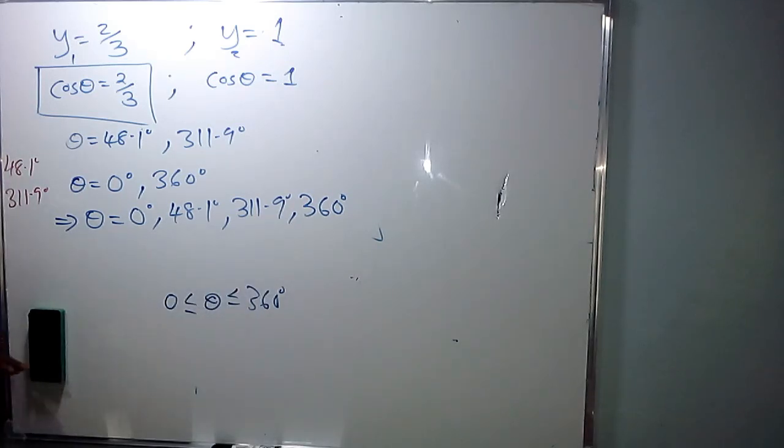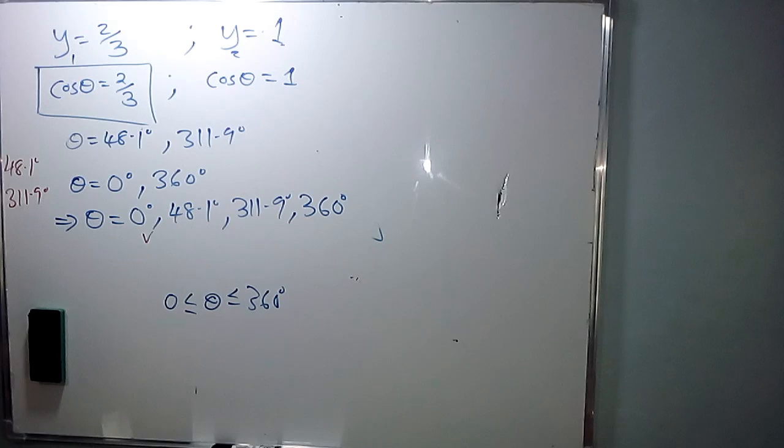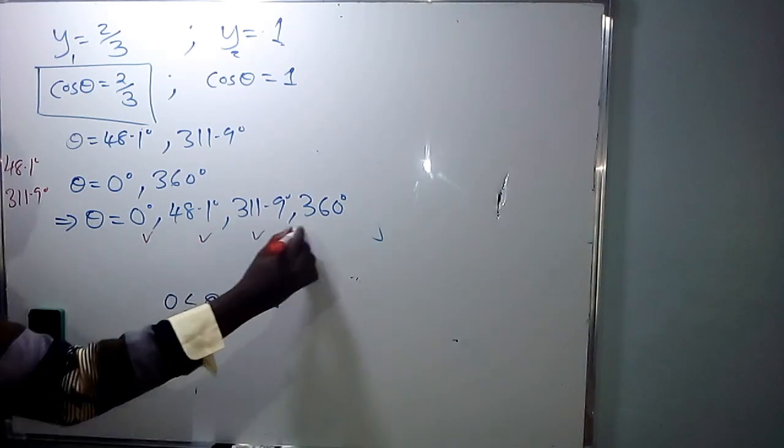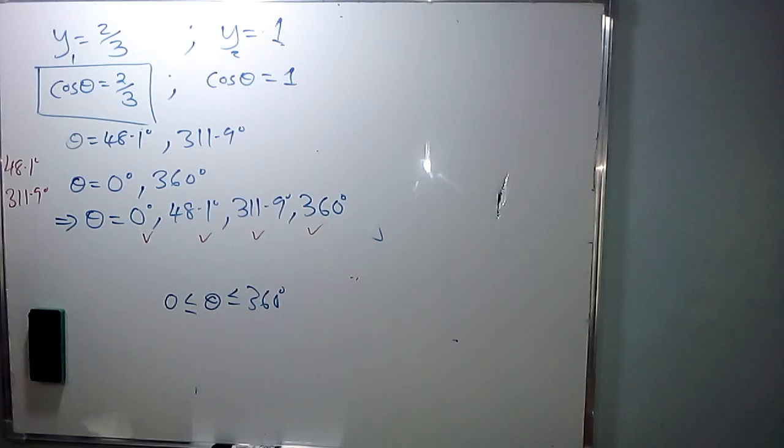Less than or equal to means inclusive, meaning 0 and 360 are included. So all these angles are required because all of them lie between 0 and 360 inclusive. Are we together? So that is how to solve a trigonometric equation.